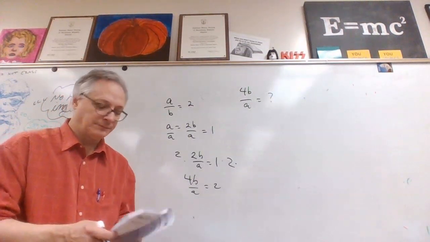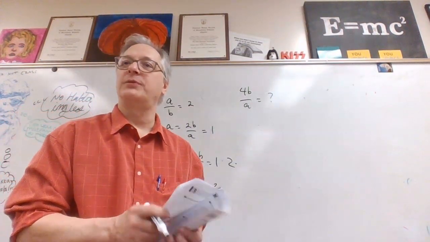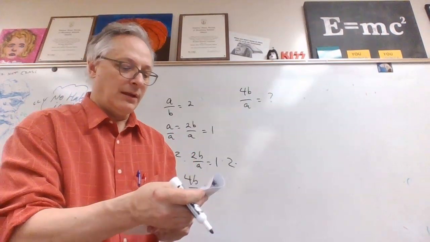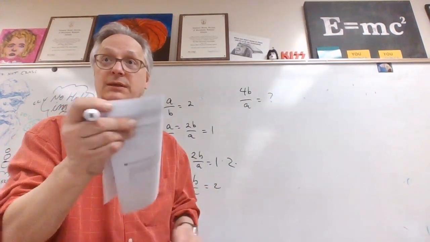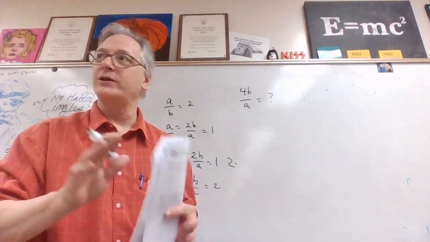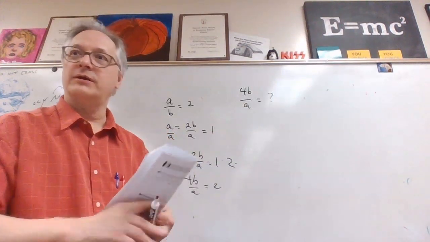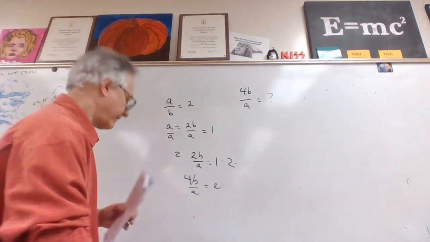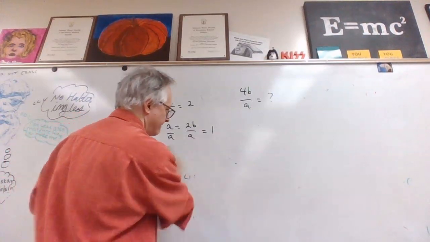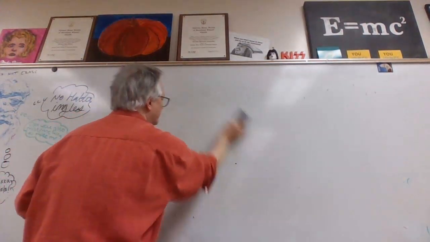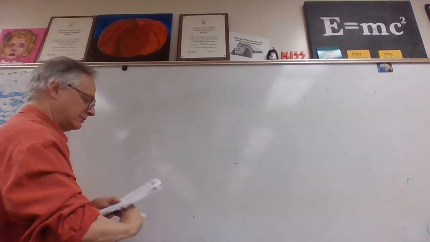Now, number 7 seems like a nightmare of algebra. But it isn't. It's actually so extraordinarily simple that you're going to just have a little bit of a laugh. Get this crazy looking function.